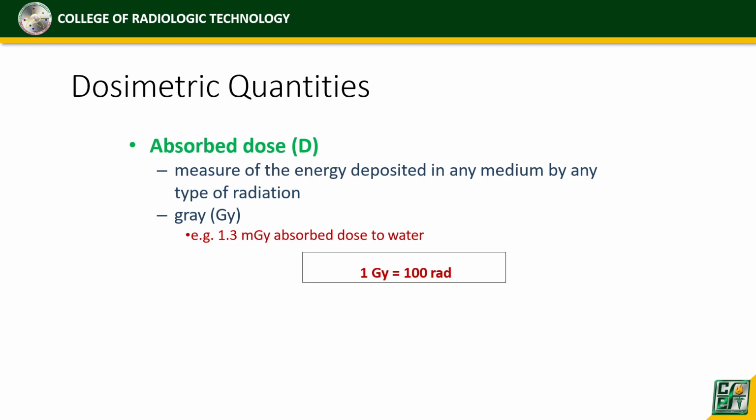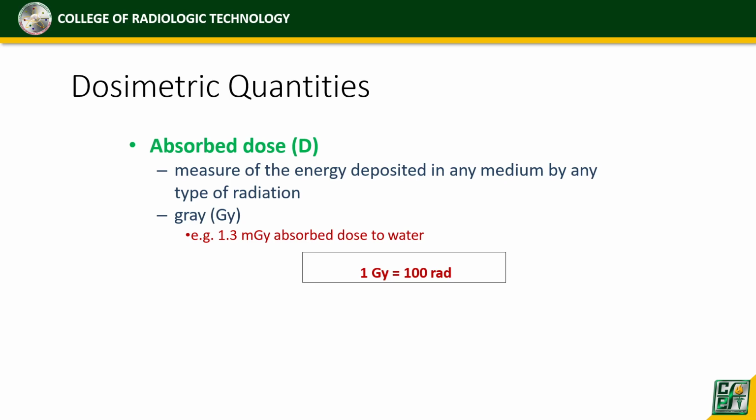So meaning these are radiation dose that are deposited in any medium by any type of radiation. So meaning siya ay na-absorb. Kung may absorption, may energy na na-deposit. Okay. And the unit for this is gray.